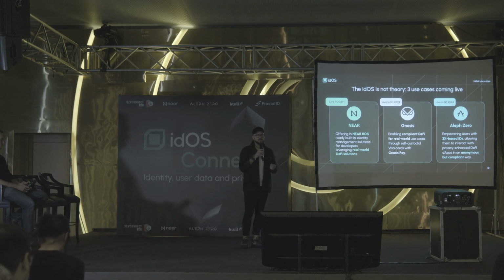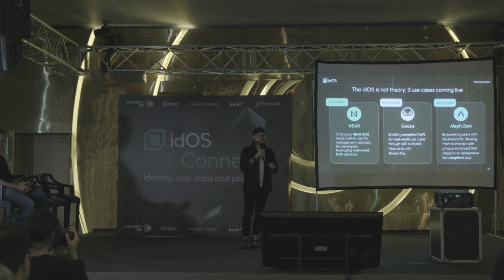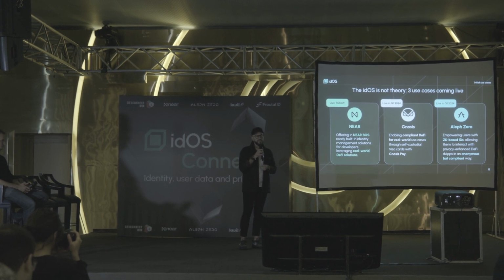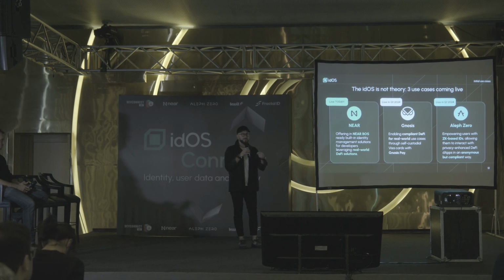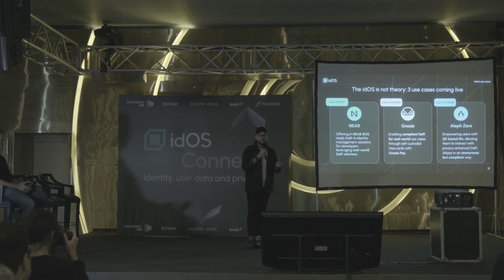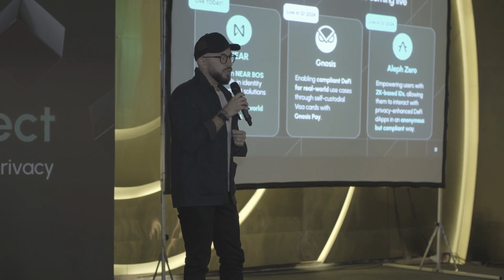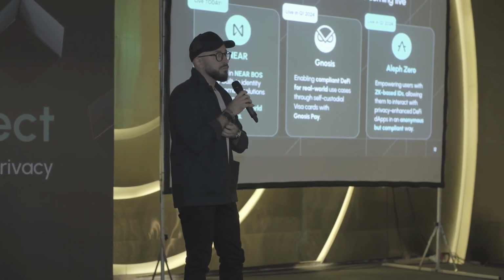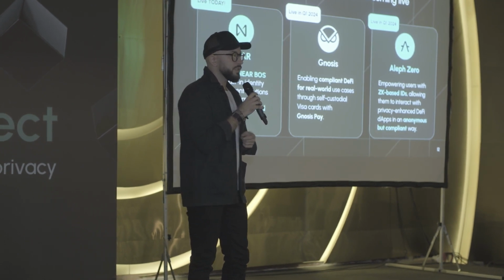Because if we are able to build something that we call, quote unquote, compliant privacy, as privacy itself is not non-compliant, then as a user, you want to prove that you're not on a sanctions list, that the funds are not coming from an illicit source, and then go into the privacy system, go out, and not have issues with off-ramping. That's where we see idOS coming in, effectively enabling privacy on-chain to be more usable across not only our ecosystem, but the space in general.